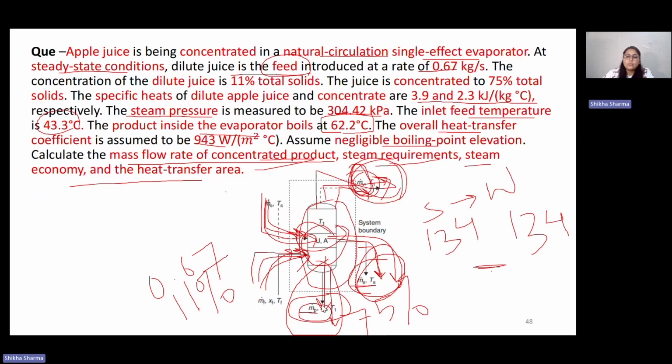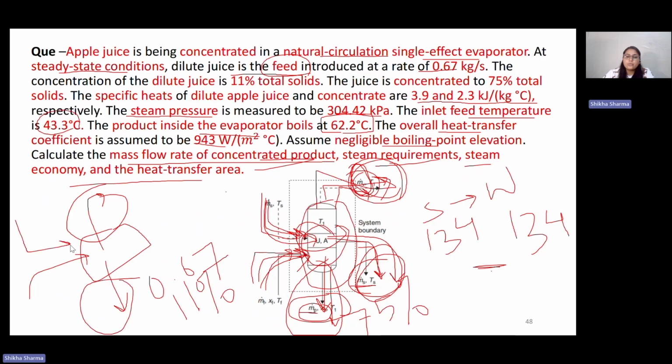So the feed goes inside the evaporator, and the vapor comes out, and also the concentrated juice. In the evaporator, it's 62.2 degrees Celsius, so both of these will come out at 62.2 degrees Celsius.